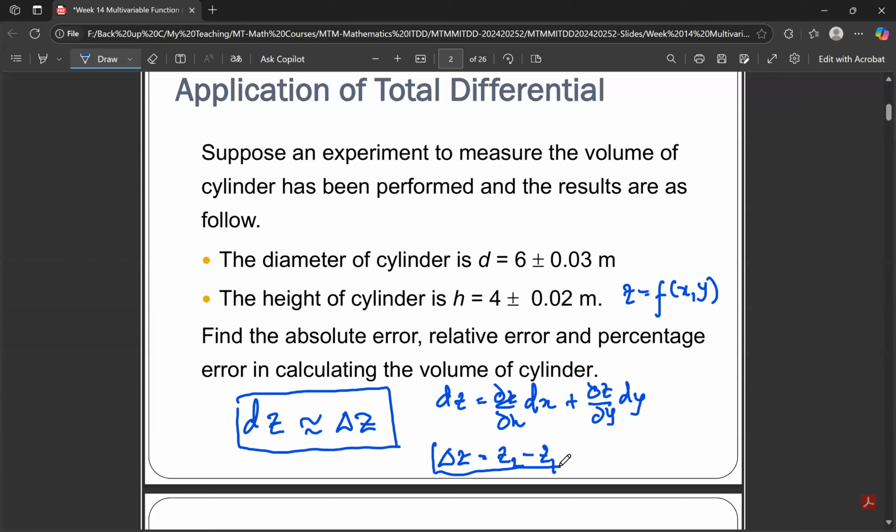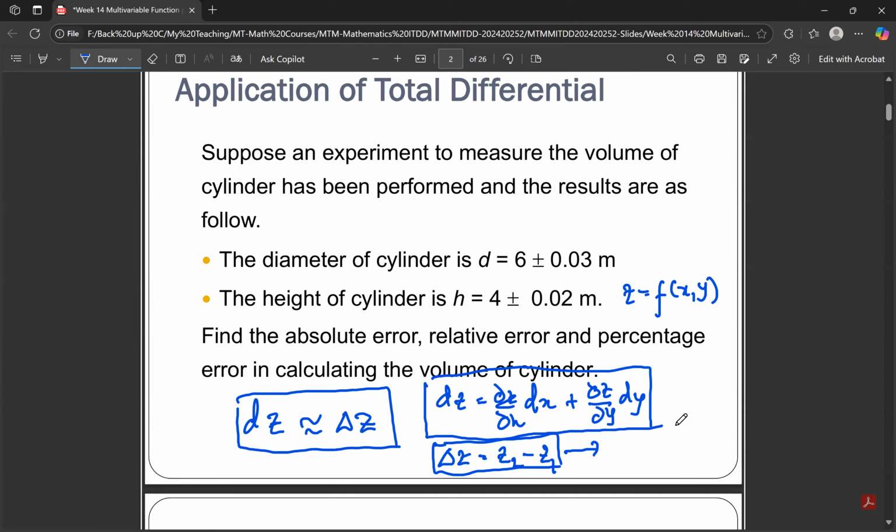In practice, or in real life, sometimes we have difficulties finding the value of z2 and z1 because maybe the function is a difficult function. So we approximate delta z by using this formula.